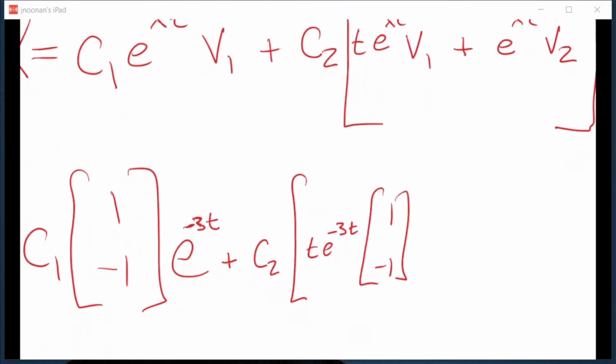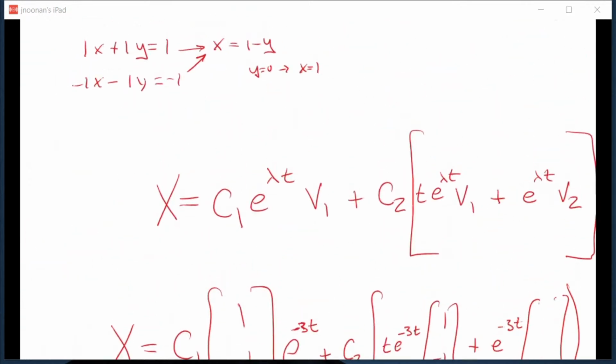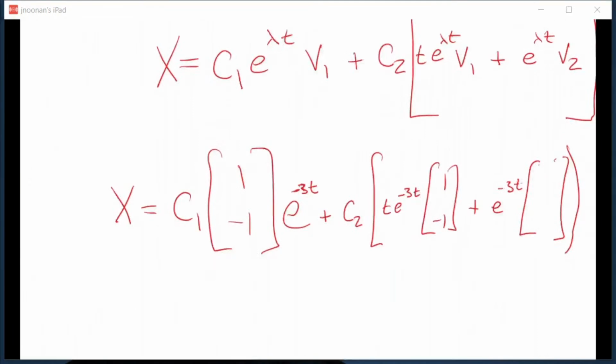We'll clean this up, don't worry. Plus e to the negative 3t times my new eigenvector, which isn't really an eigenvector, 0, 1, 0. And you might notice that there are a variety of different vectors that would have worked for this, and that's okay.